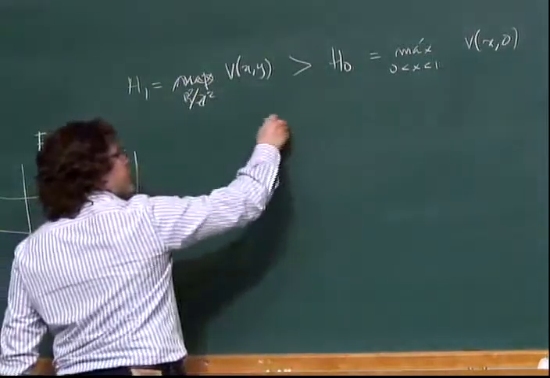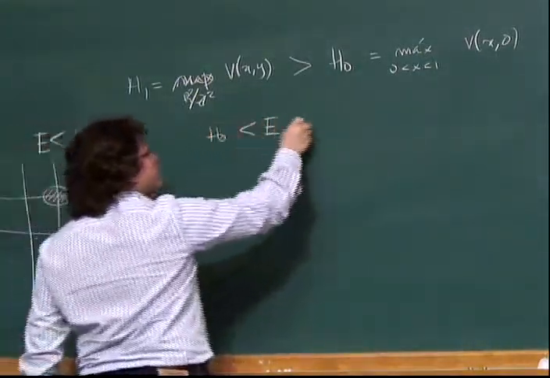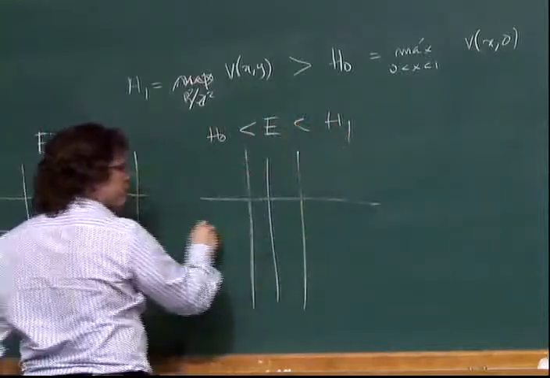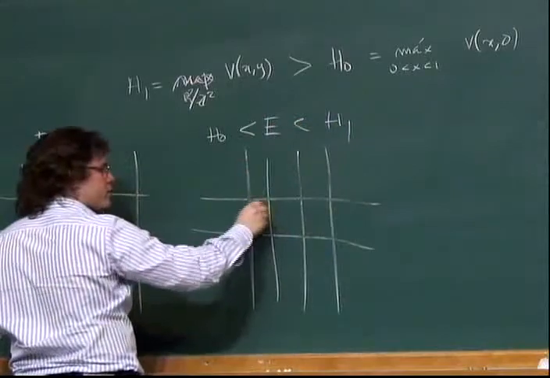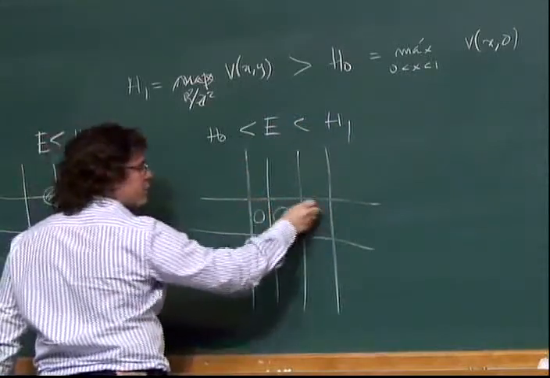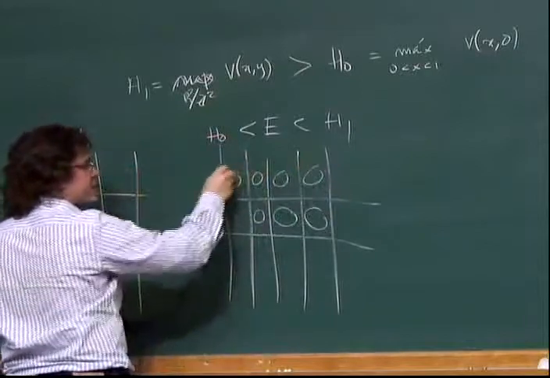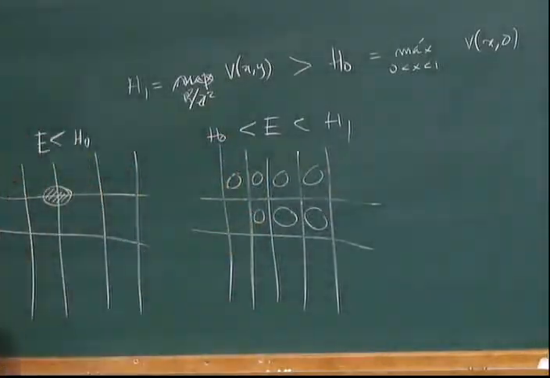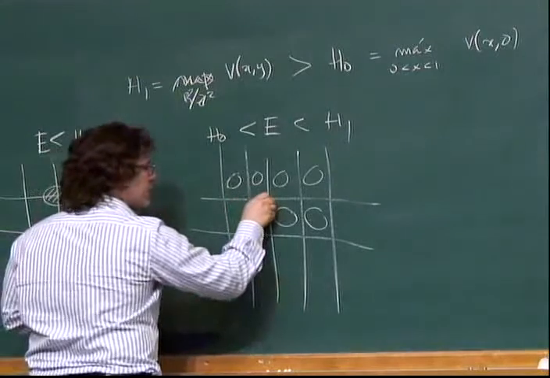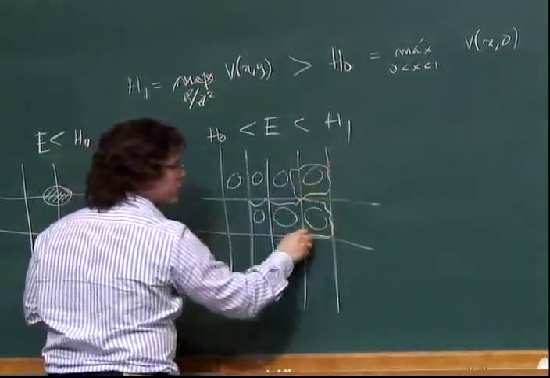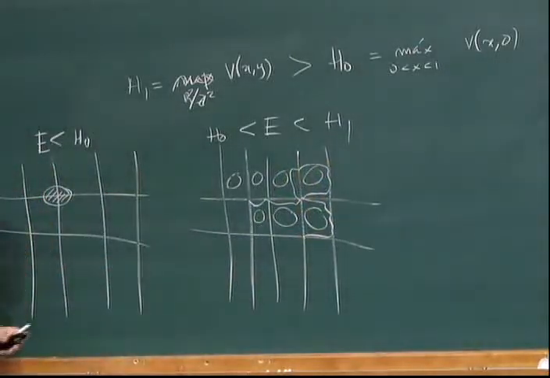If the energy is between H0 and H1, then you start being able to drift around. Basically, everything is accessible in the configuration space, except for small neighborhoods in the center of the cells. So the particle can have collisions around, but it never goes to the center of the cell.